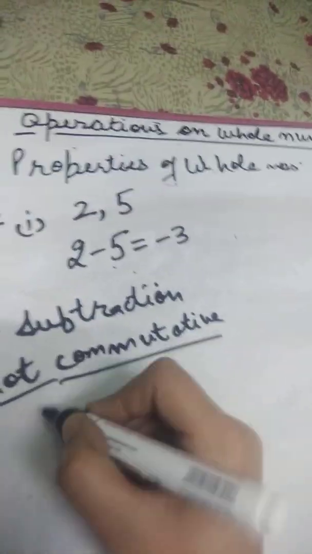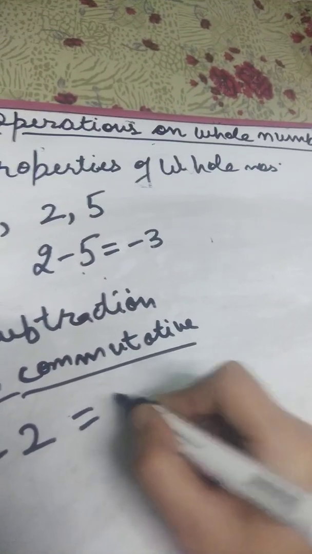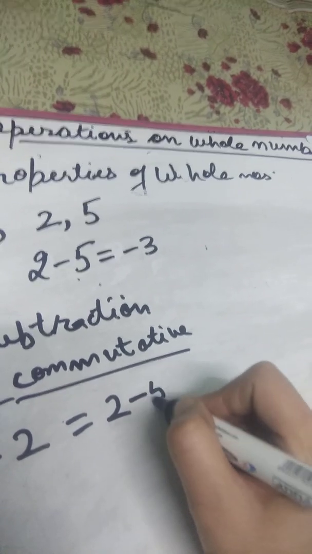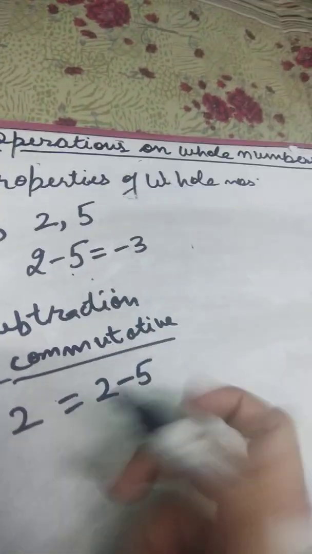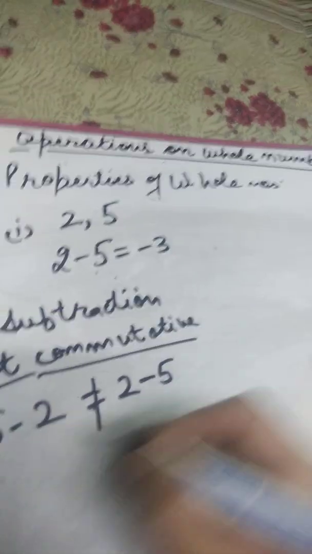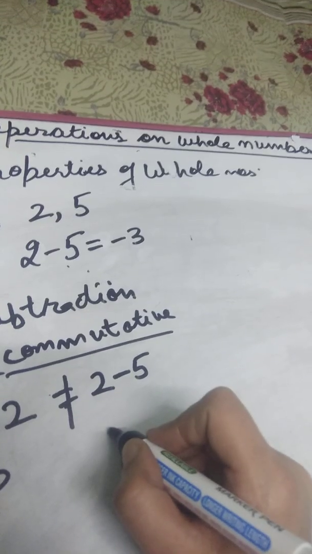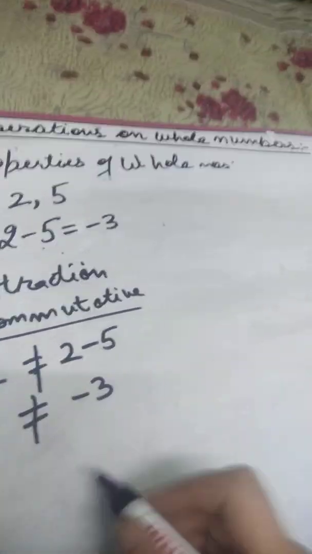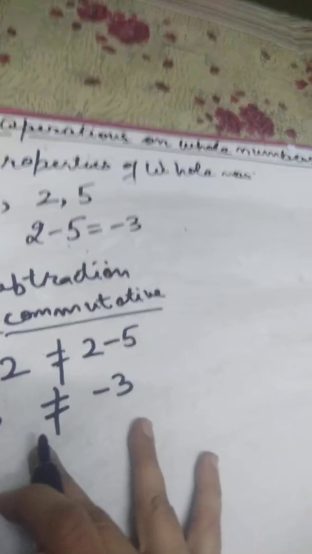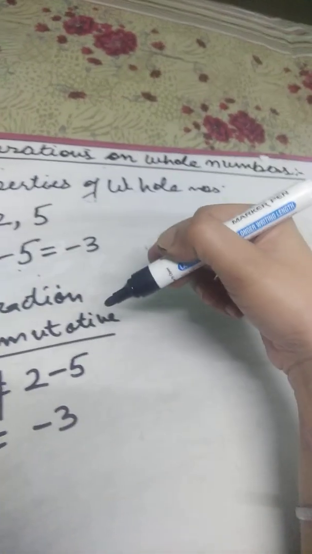If I take two numbers, for example, 5 minus 2 and 2 minus 5. Did you notice that I have changed the order? If I put the equal to sign, it will not be equal. When you calculate this, we get 3, and when you calculate this, I get minus 3. I hope you can see the difference between the two, and both are not equal. So that's why we say that subtraction of whole numbers is not commutative. I hope it's clear to you.